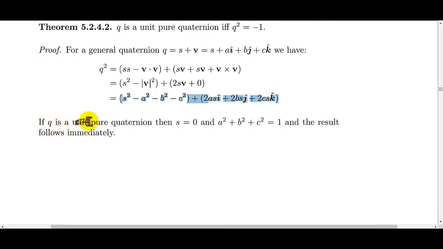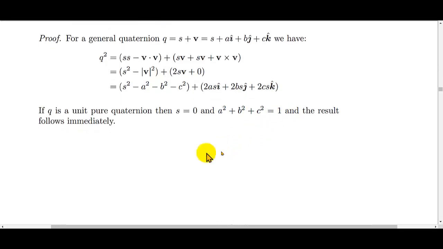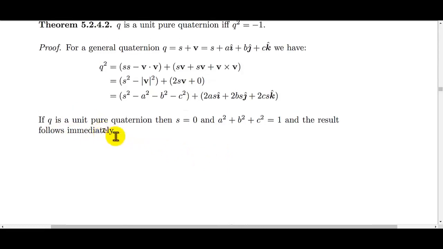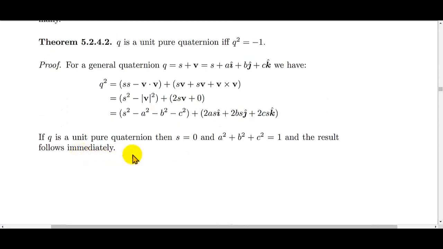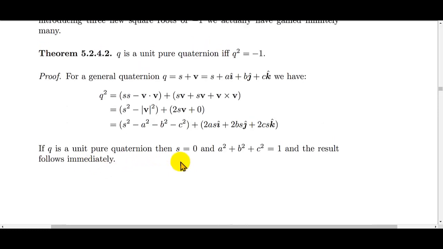So if Q is a unit pure quaternion, then S is equal to 0, right? And we should have A squared plus B squared plus C squared equal to 1. And so then the result follows immediately, because we have 0 here, 0 here, 0 here, and we have -1 here, so we have this expression.